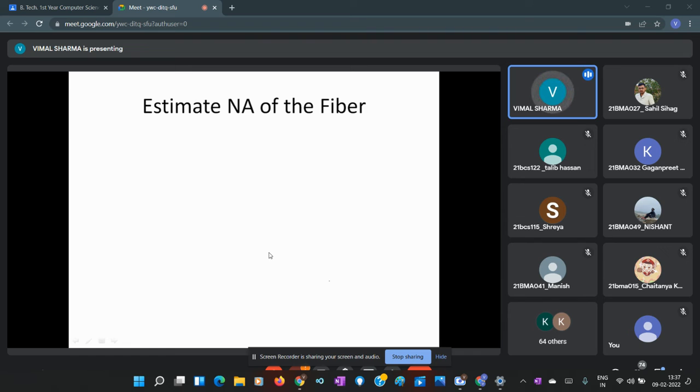Now we want to estimate the numerical aperture of the fiber. There are two techniques. One of the techniques: we are interested in measuring what the numerical aperture is. Suppose we do not have information, and you say, okay sir, numerical aperture is under root n1 square minus n2 square, you give me values of n1 and n2 and I can give you the numerical aperture for the given fiber.